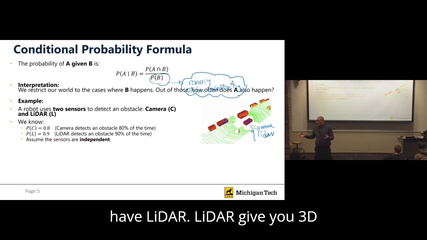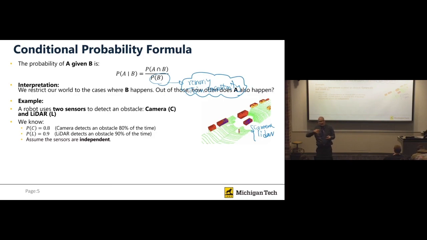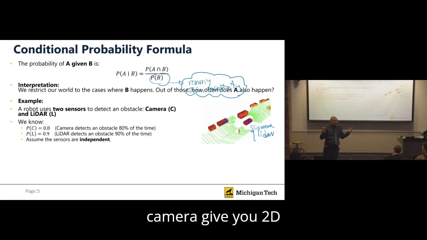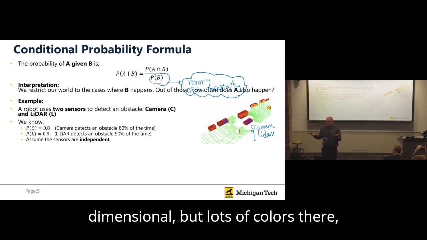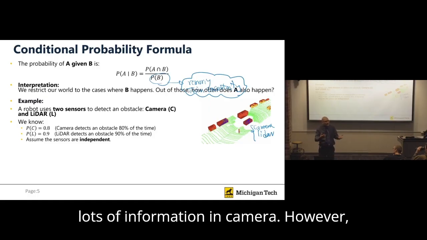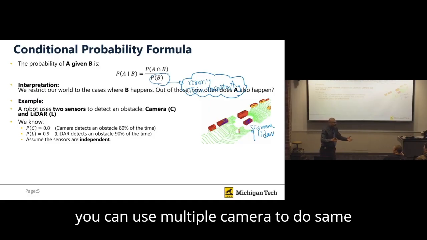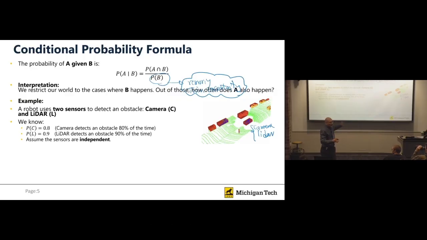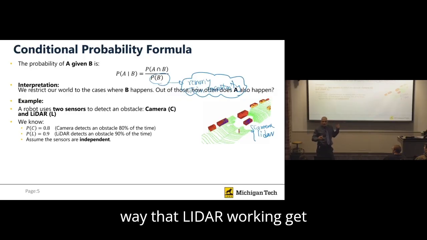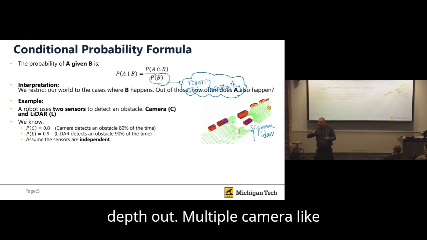LiDAR gives you 3D points, and camera gives you 2D, but lots of colors, lots of information. However, you can use multiple cameras to do the same way that LiDAR works, to get depth out.